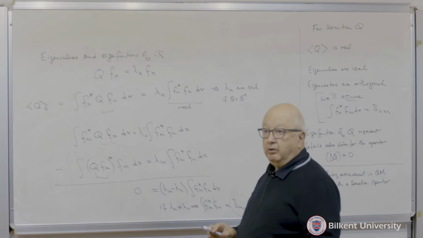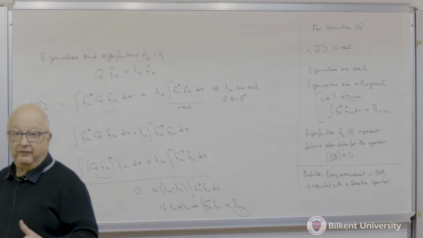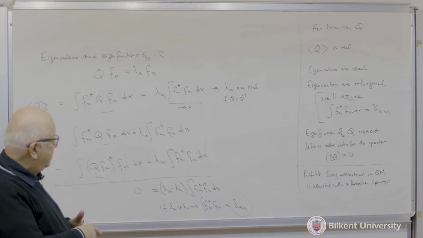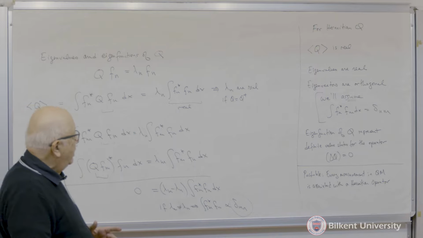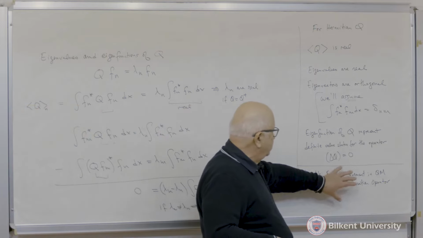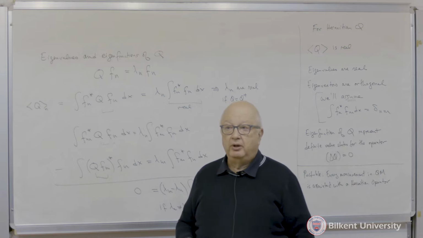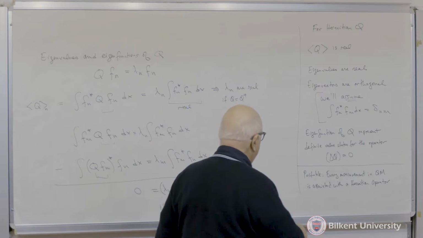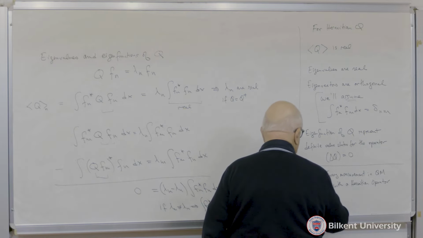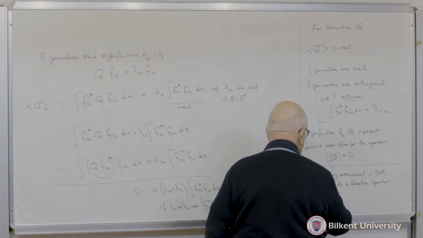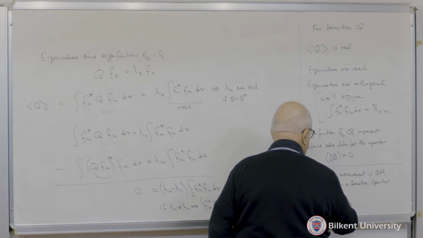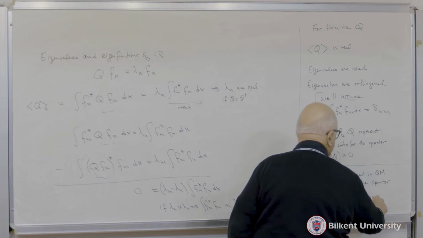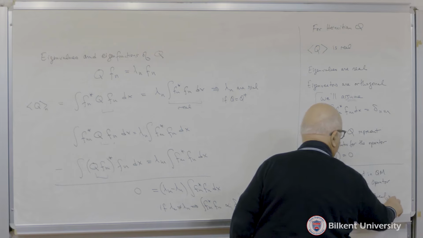Anything that you can think of, any physical measurement, momentum, position, energy, potential energy, whatever, each one of them corresponds to a Hermitian operator. The eigenvalues are possible values of the measurement.